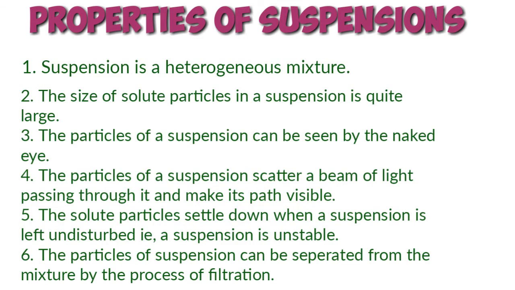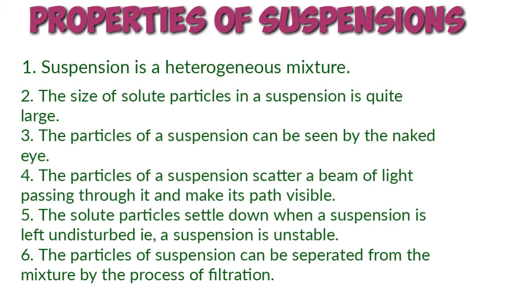First one, suspension is a heterogeneous mixture. Second one, the size of the solute particle in a suspension is quite large. The particles of a suspension can be seen by the naked eye. The particles of a suspension scatter a beam of light passing through it and make its path visible.